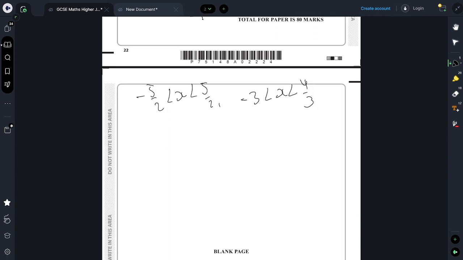I'll draw it here on the blank page. So on the number line for x here, you don't need the other line, you just need the x.